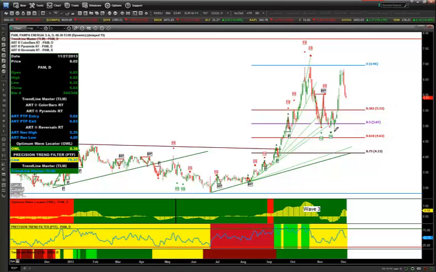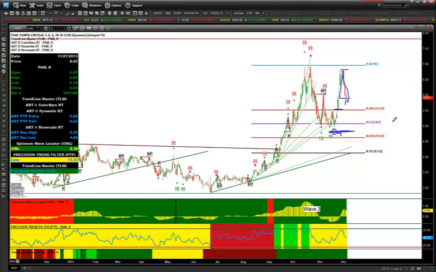Now, I would imagine what's going to happen is when this particular leg down stops, we'll probably get a pyramid trading point forming in here, okay? At that point, you'll have an entry up here if you decide you want to take this trade. If you wanted to get on it a little earlier, if you were sure that this was a wave 4 bottom here, then you could have technically gone in here, but you would have put your stop down here.